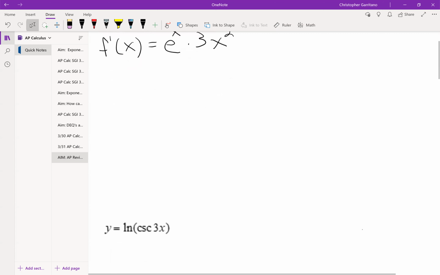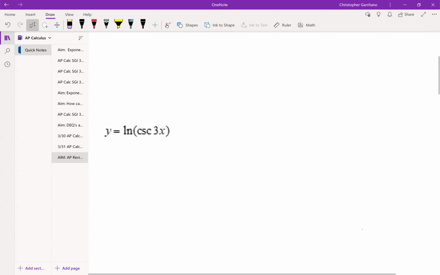Let's move on to the second one. Anytime trig is involved, you all get a little bit nervous, and not only is trig involved, but there's actually a composition of two other functions. So there are a total of three functions here.